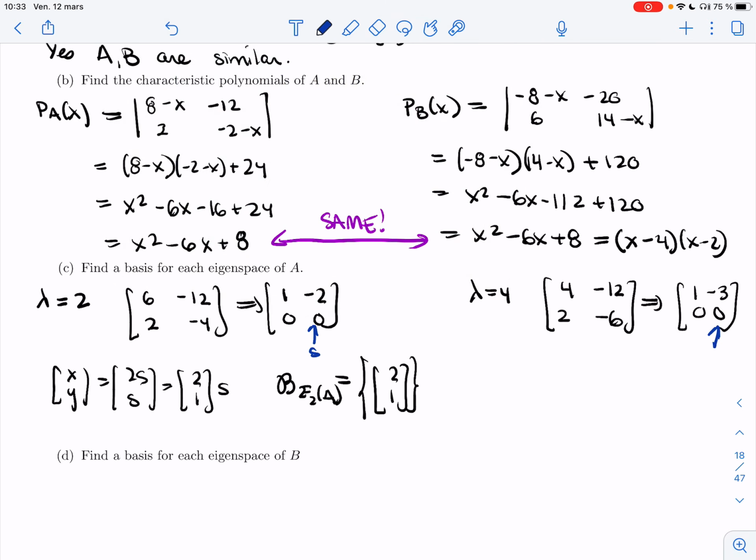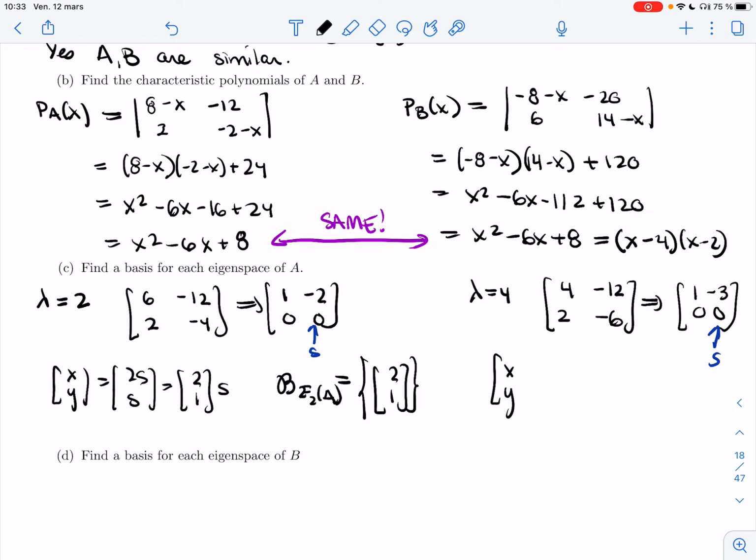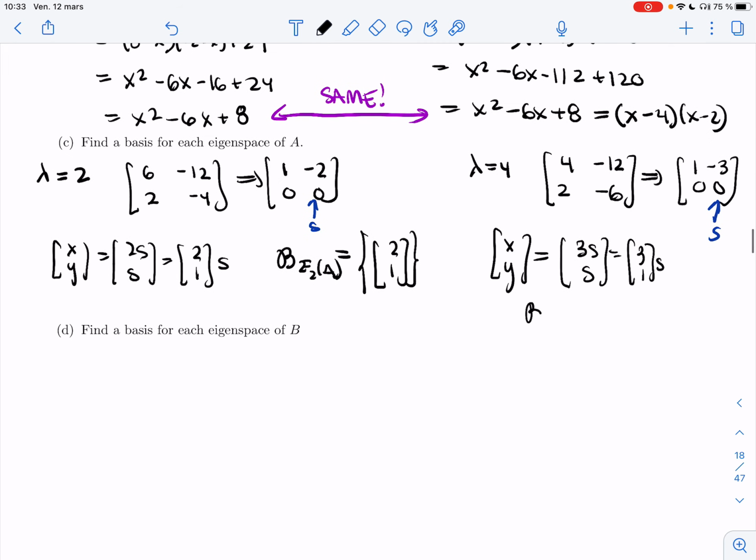And so I have an s, x, y equals 3s, s. That's (3, 1) times s. And so my basis for E_4 of A is (3, 1).